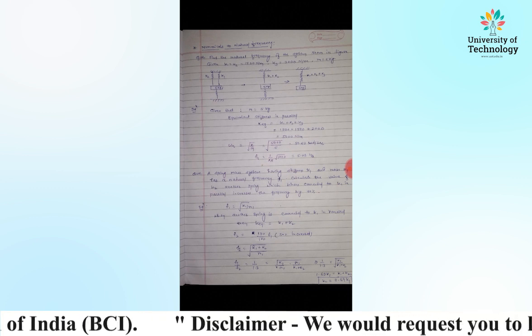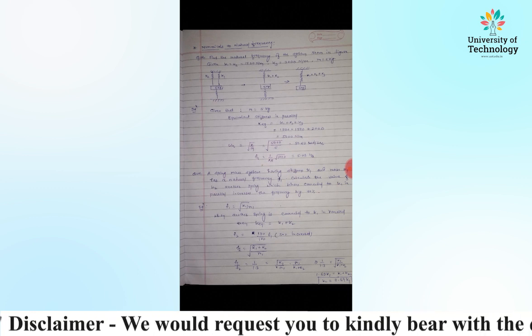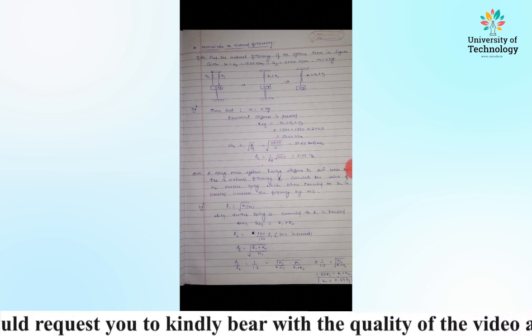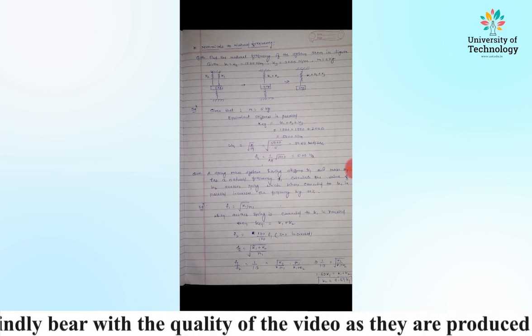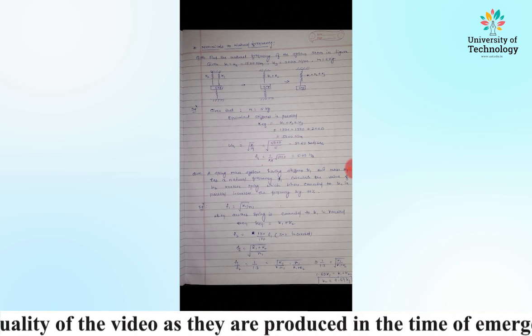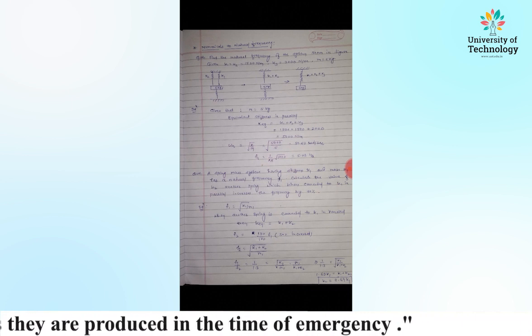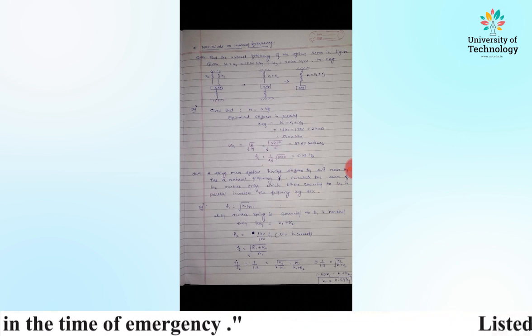According to the question, F2 will be 130 by 100 of F1 because the frequency is increased by 30%.